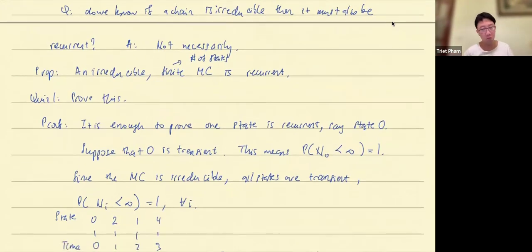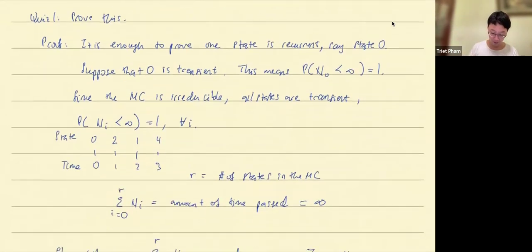Okay, so what's the follow-up question to this? Well, the follow-up question is: give me an example of an irreducible infinite Markov chain that is transient. So that's an obvious follow-up question.